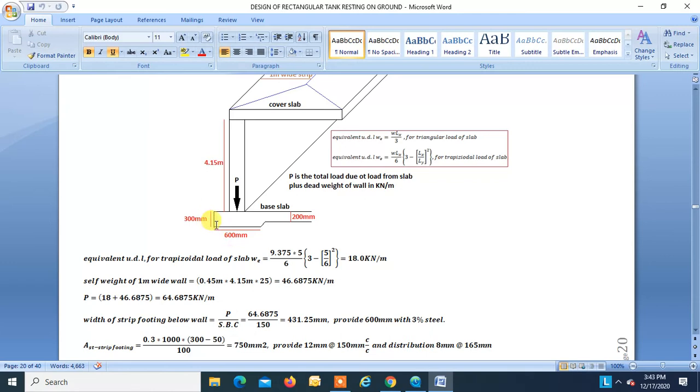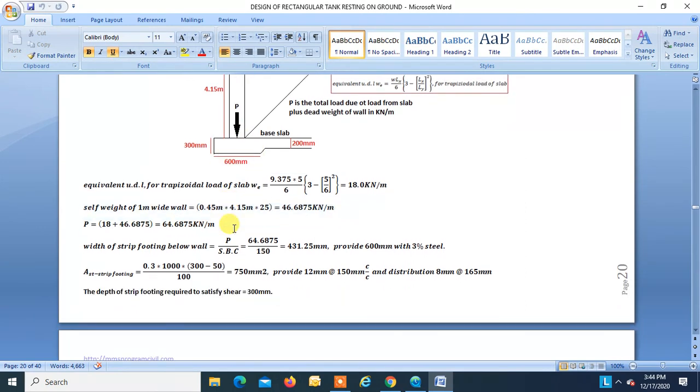So we will provide 0.3% steel at the bottom, main steel, for this section. So we found the Ast required, main steel required for the strip footing, is 750 mm square. So we will provide 12 dia about 150 center to center and distribution steel 8 dia about 165.